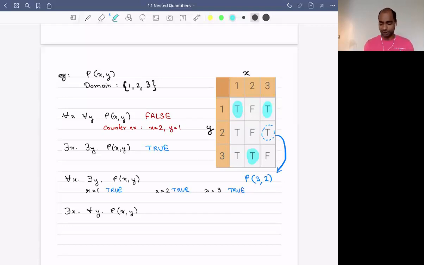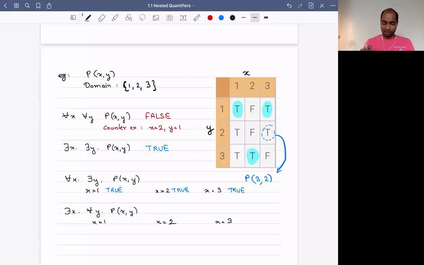Okay, now we come to the hardest one. Now we're asking, does there exist one x that works for every single y? And this x cannot depend on the y. So either I have x equals 1 that works, or x equals 2 works, or x equals 3 works. Let's check. So I have 3 possible x's. Does x equals 1 work?